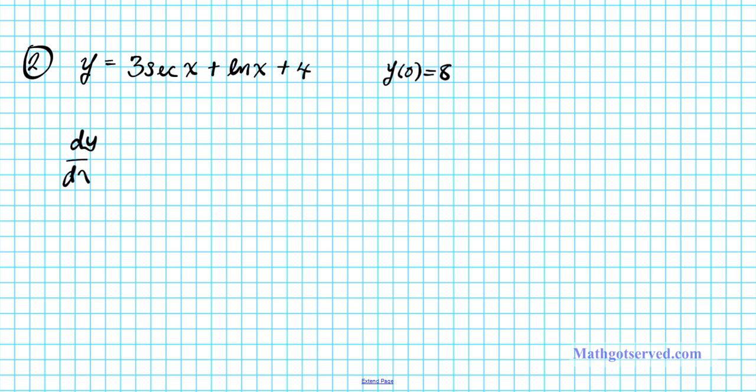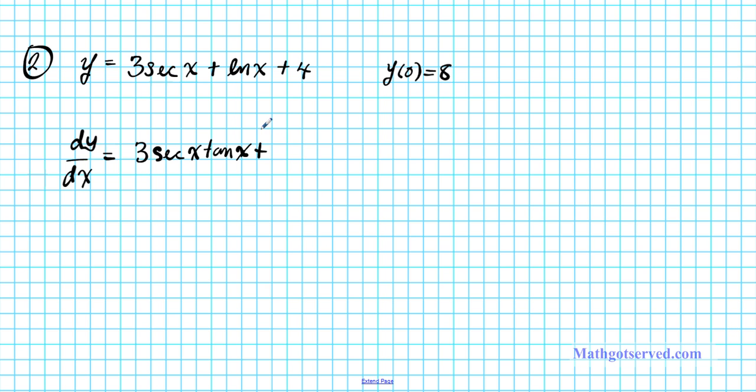dx, and then on the right side, derivative of secant. Remember what the derivative of secant is. The derivative of secant is secant x tan x. So the derivative of 3 secant x is going to be 3 secant x tan x plus the derivative of natural logarithm of x is 1 over x.